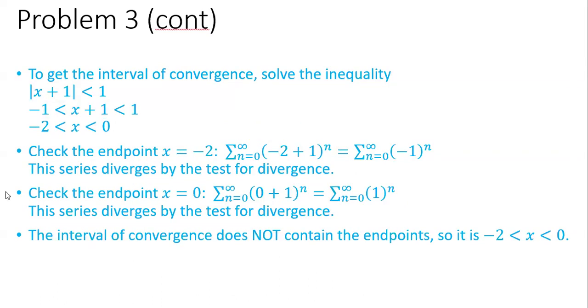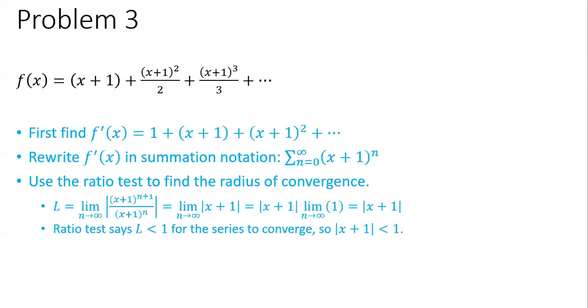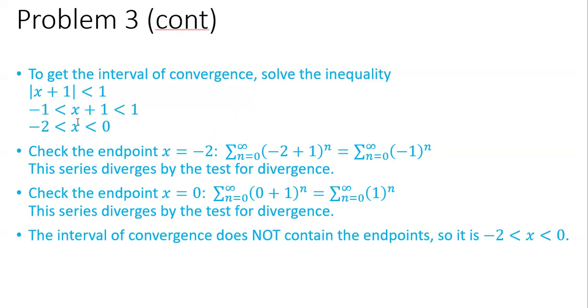The radius of convergence was, did I do this right? Yeah, sorry, the radius of convergence is 1. So -1 plus 1, that's 0. -1 minus 1, that's -2. Okay, so hopefully I'm solidifying your understanding of radius of convergence.